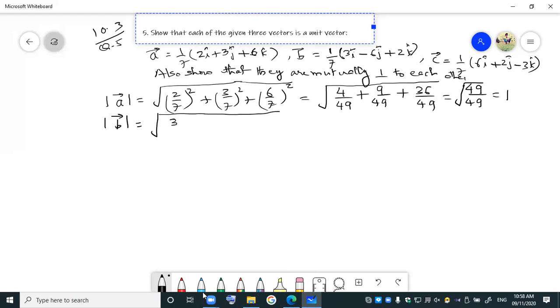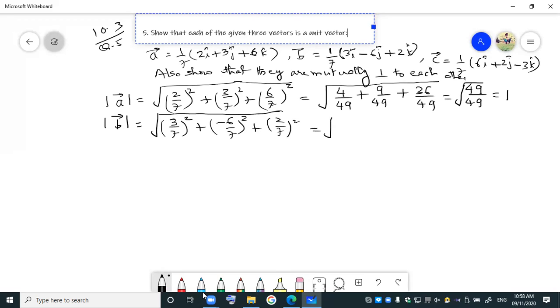So (3 by 7) whole square plus (minus 6 by 7) whole square plus (2 by 7) whole square.